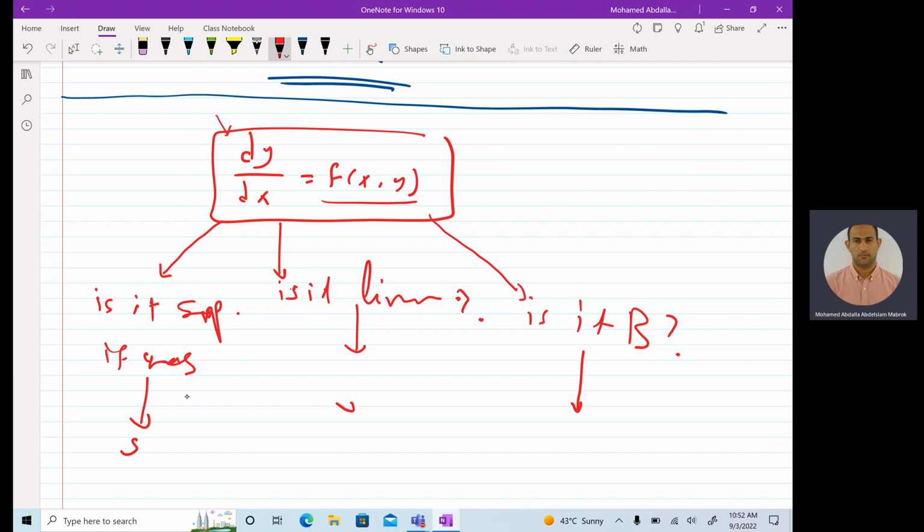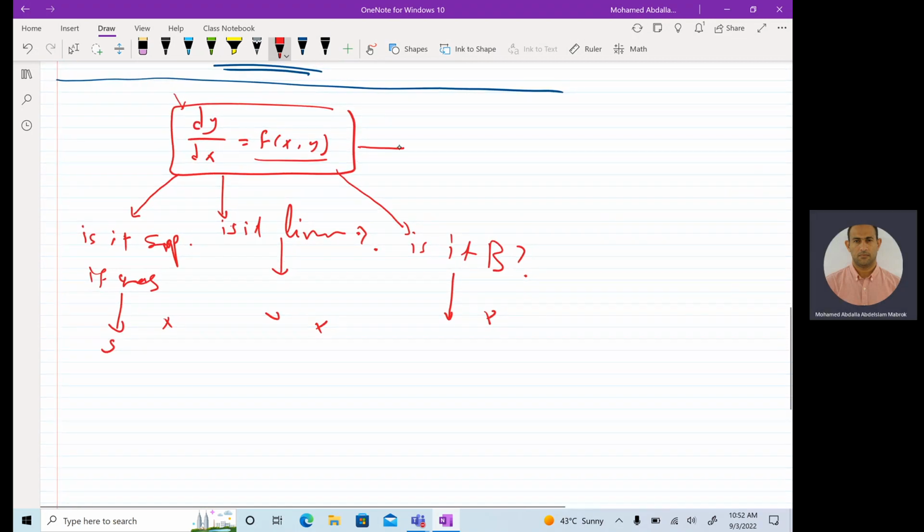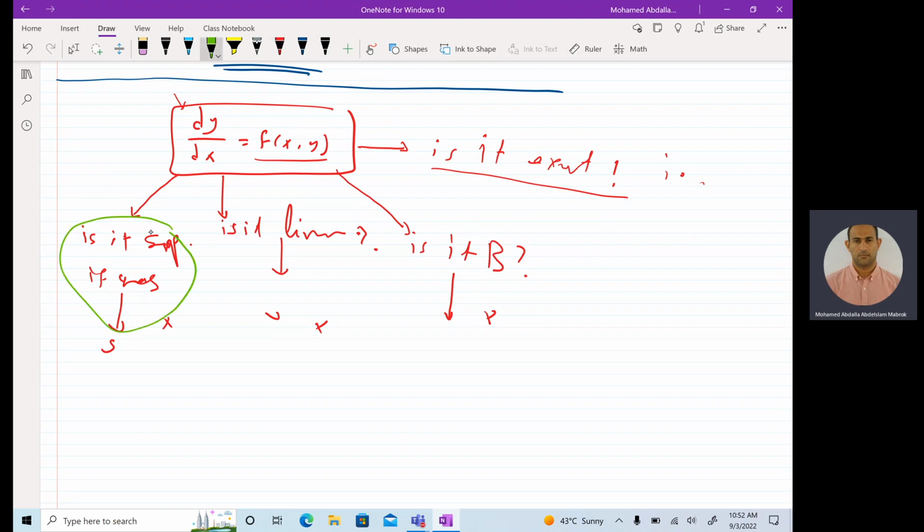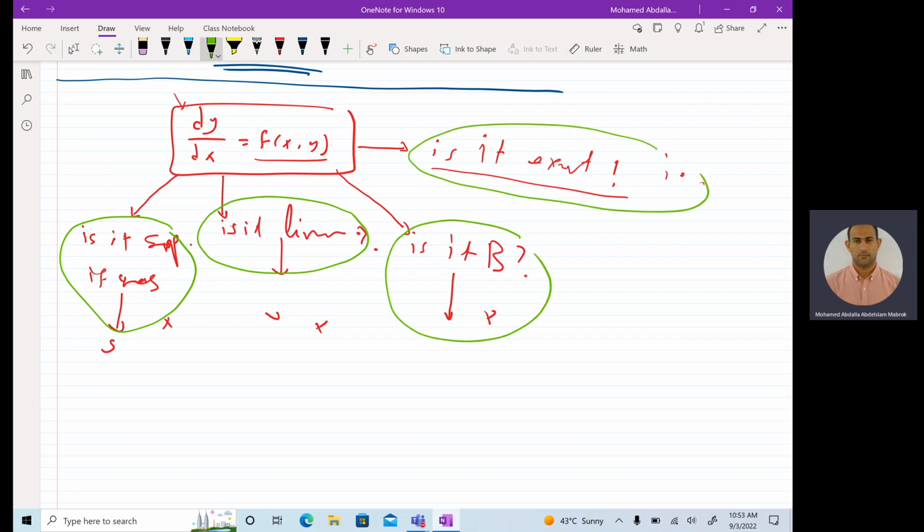If this doesn't work, this doesn't work, this doesn't work, then we ask ourselves, is it exact? If yes, then solve it. If not, what if it doesn't satisfy any of these? You cannot solve it as separable, linear, or Bernoulli, and it is not exact. Then there is one more chance to try, which is the integrating factor.